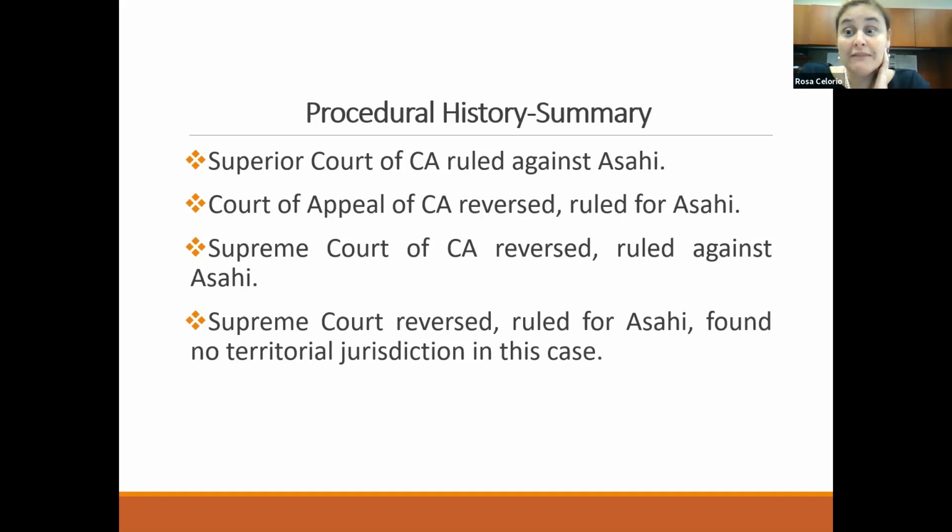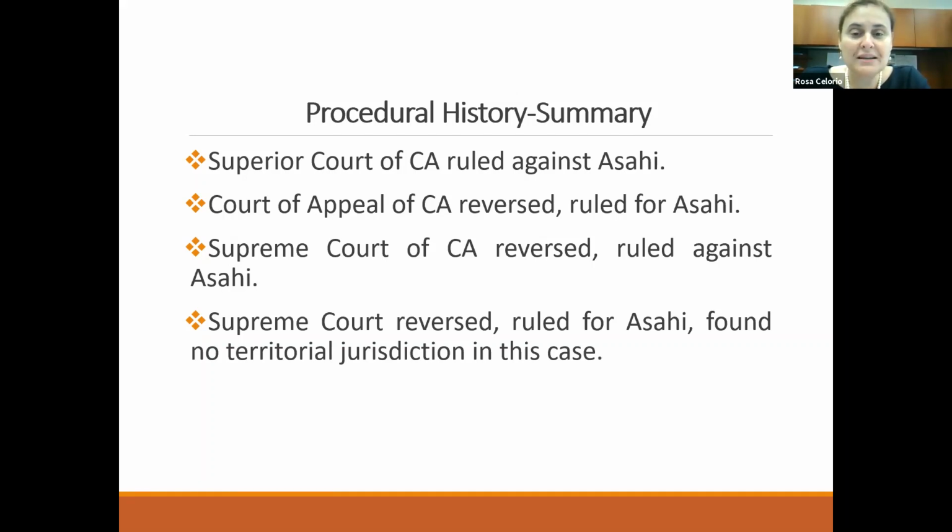So basically, you have a plaintiff trying to exercise jurisdiction over Asahi, which is a foreign company, for activities and actions or product liability issues that happen in the state of California, right? So what is the extent of jurisdiction over a foreign defendant in this particular case? This is why we have a personal jurisdiction case here. This is something that was very well explained by Judge Barr.